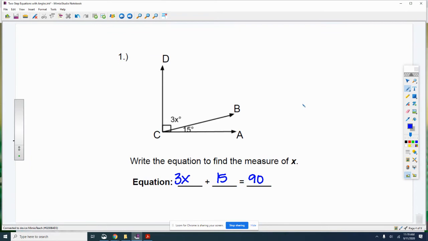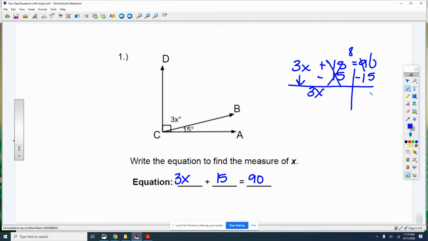So then I'm going to rewrite and solve. So 3x plus 15 equals 90. Minus 15 on each side. Bring down my 3x. And 3x equals 75.